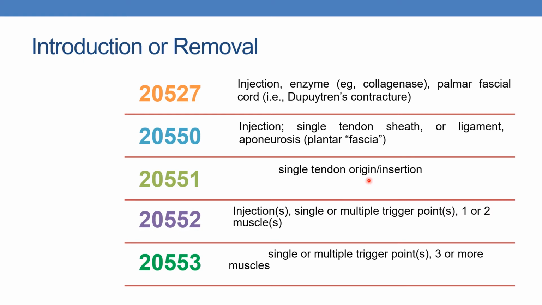The next is 20551, injection single tendon origin or insertion. The next is 20552, injection single or multiple trigger points, one or two muscles. The next is 20553, injection single or multiple trigger points, three or more muscles.